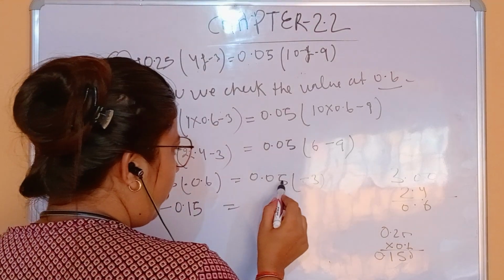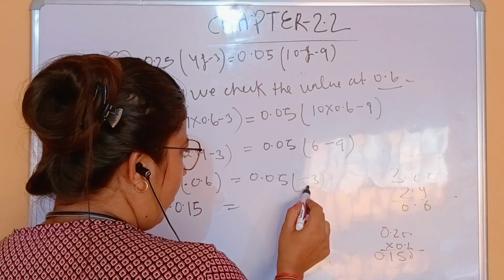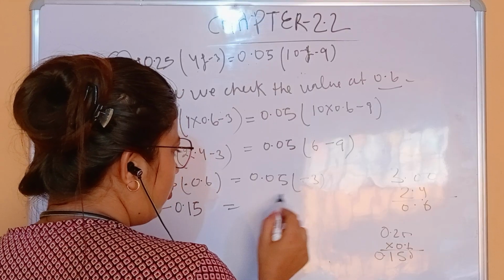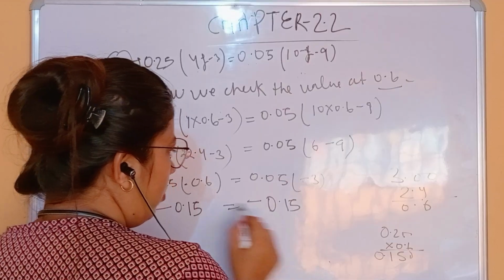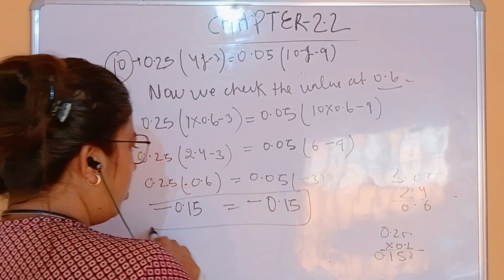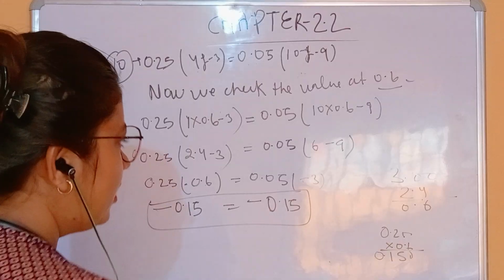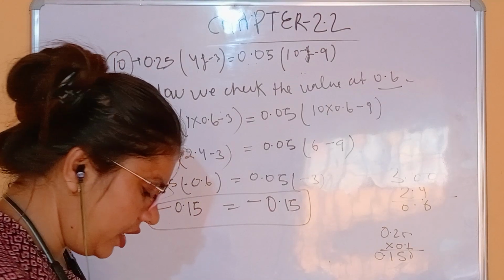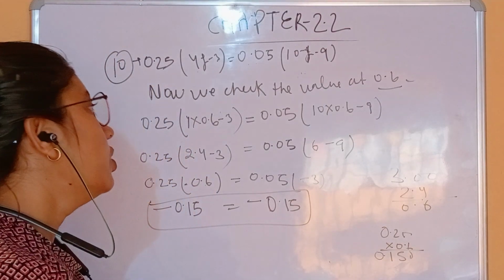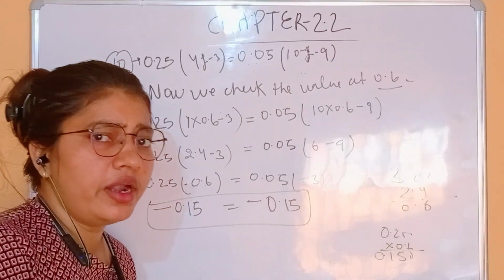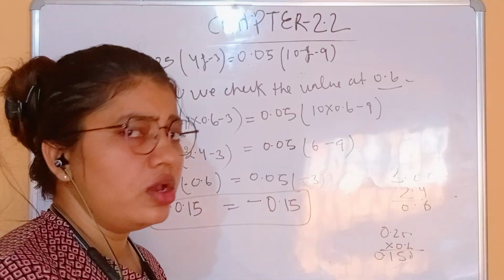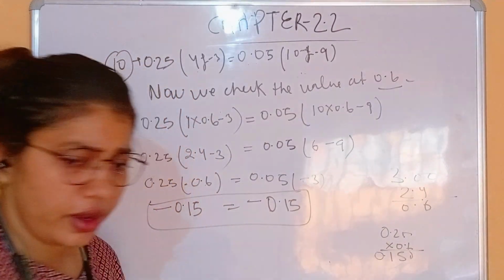Here 0.05 multiplied by minus 3 comes minus 0.15. Okay, so the given value is true. That means at 0.6 that equation holds. So you can easily write it in your copy. If you do not understand anything, then please comment in my chat box. So I will solve your problem. Okay.